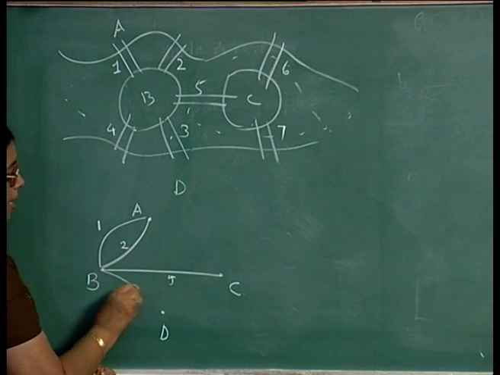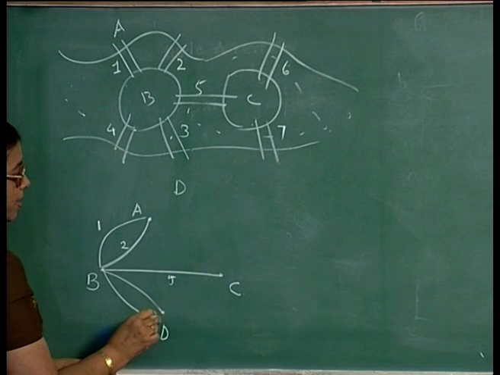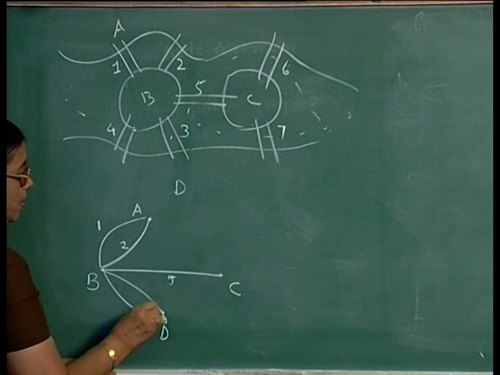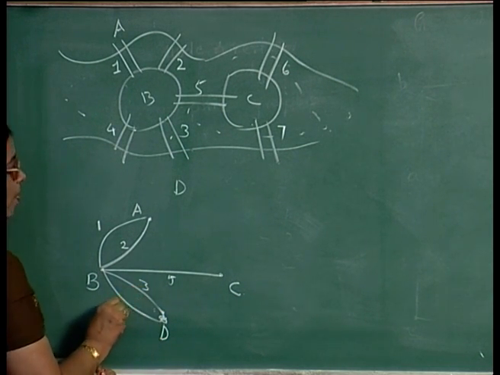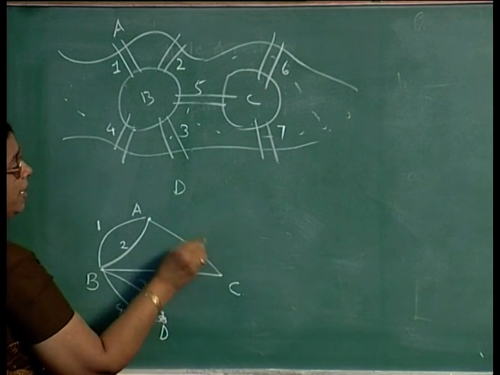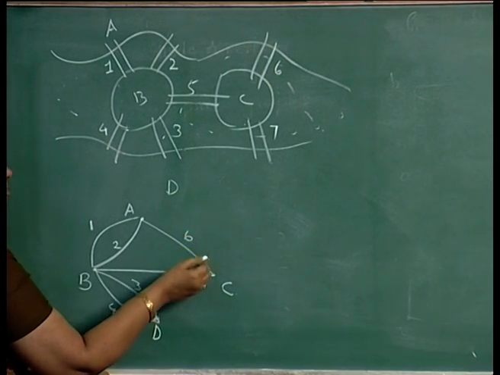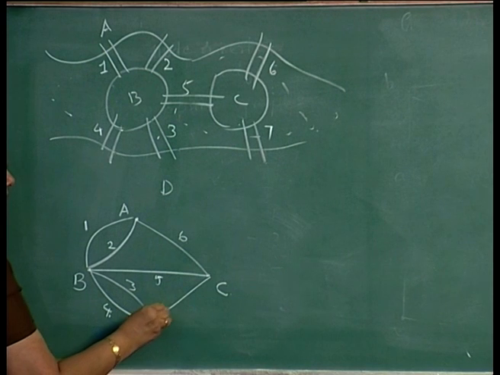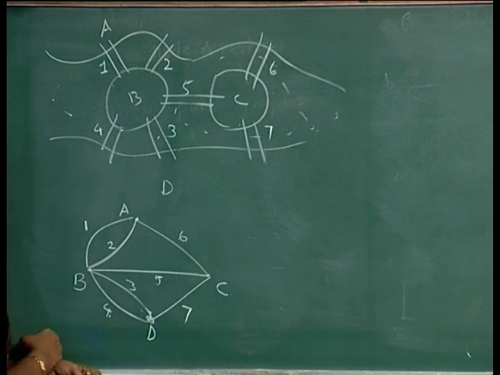Between B and D there are 2 edges, 3 and 4, and between C and A there is a bridge, that is 6. Between C and D there is 7. So, this whole structure can be represented by a graph in this manner.